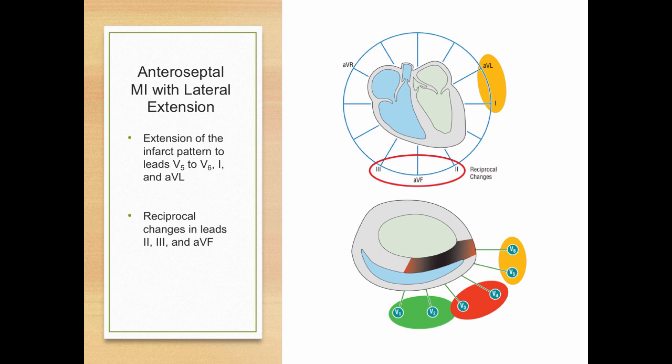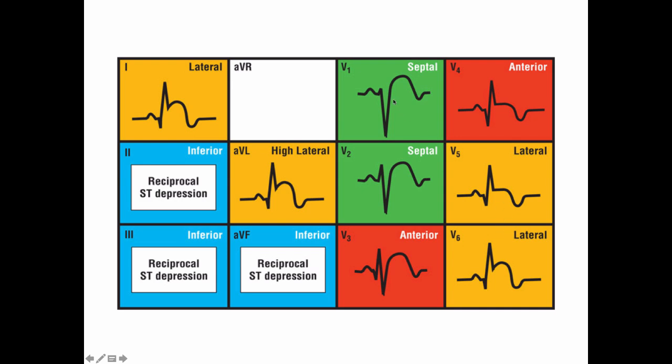And then we're extending that to V6, V5, and or lead 1 and AVL. So we have this lateral wall elevation and infarction. And here's where we're going to start to see reciprocal changes. So I see ST segment elevation in V1 through V6. We loop back over to lead 1, and there's ST segment elevation there too.